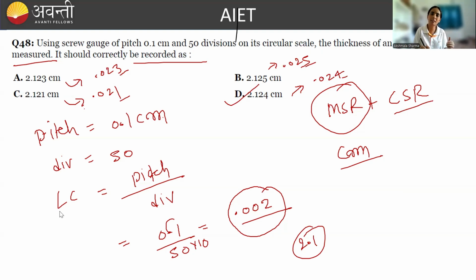The least count of the circular scale is 0.002, so the extra reading must be a multiplication of this, and that is 2 in the last. Whatever division you multiply, you get an even digit in the last, and that is only with option D. So the correct option is D.